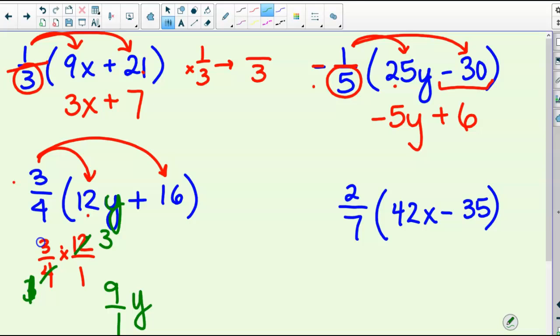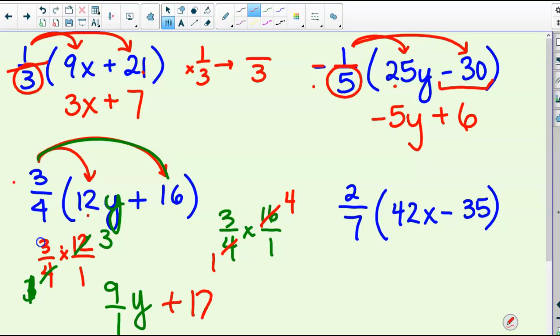Then I do the same thing, 3/4 times 16. Again, cross cancel: 4 goes into 4 once, 4 goes into 16 4 times, and that gives me 12, and it's positive. That's what it looks like if you distribute a fraction.